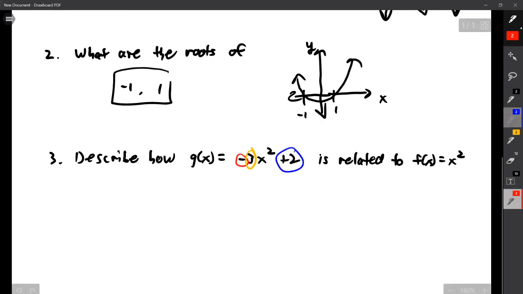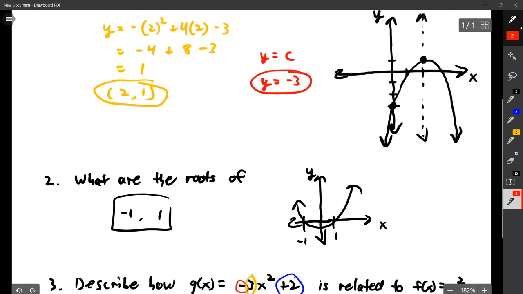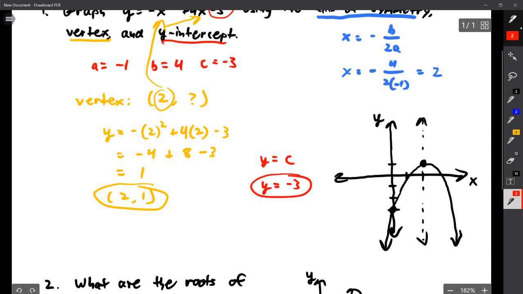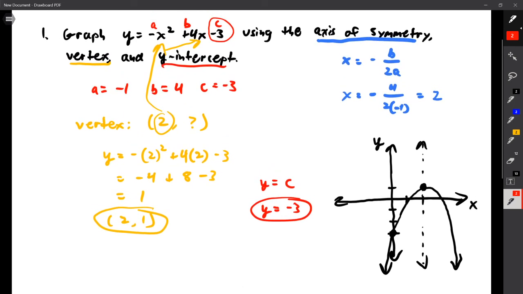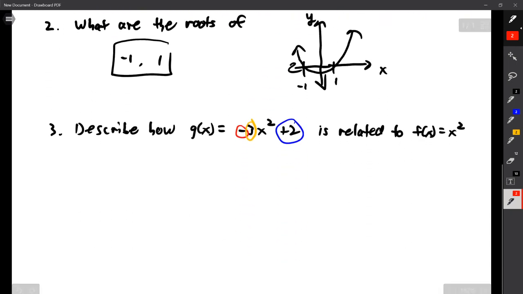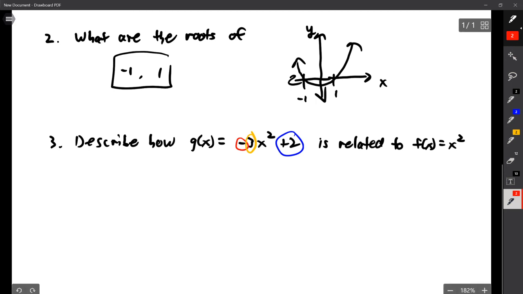Okay, so what we have going on is the negative in front of the x squared. We mentioned this earlier with number 1. A negative attached to the x squared is a vertical reflection. That's what's going on there.